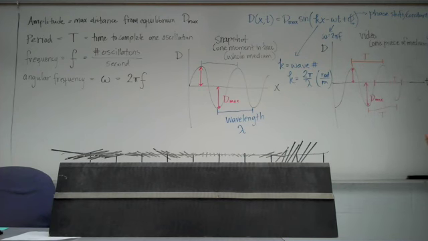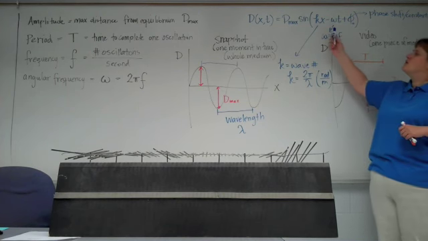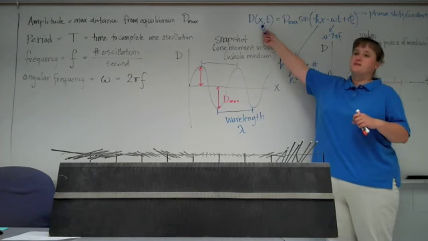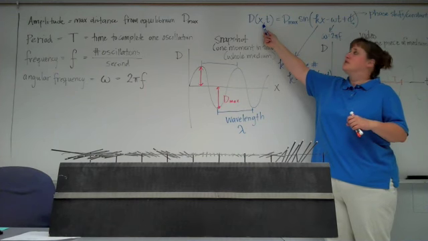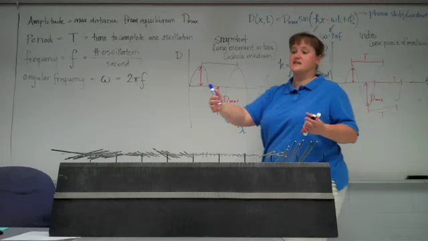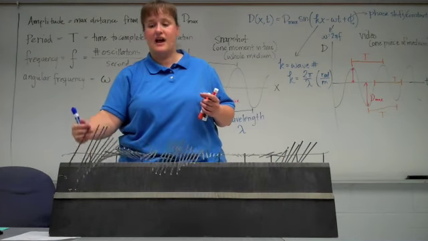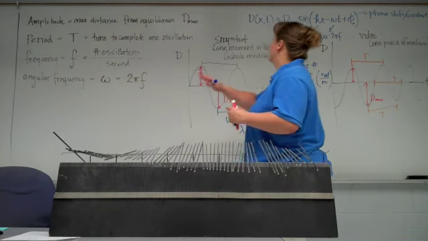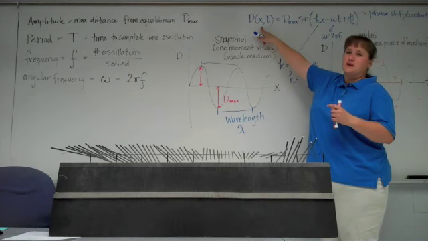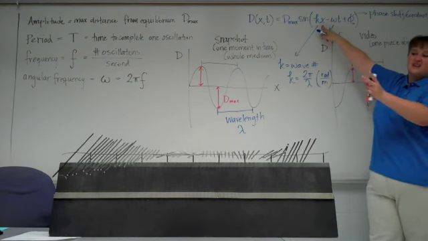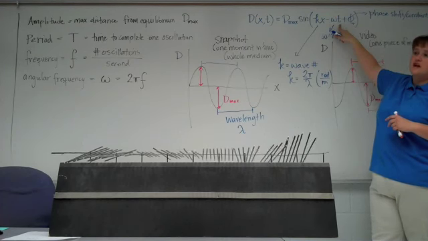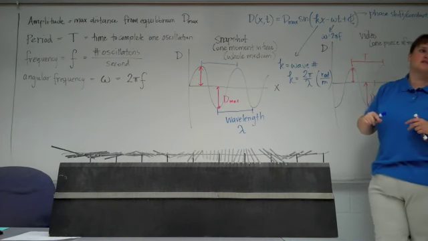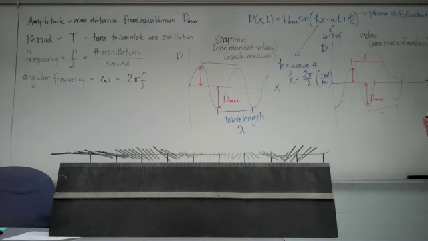You can figure out what the phase shift is if you know the displacement of any piece of the medium. So if you know where, say, this end of the rod here is at time equals 0, if you know how far it is from equilibrium, you can put that in. You know the end is x equals 0, time is 0, so you can solve for that constant. Okay?